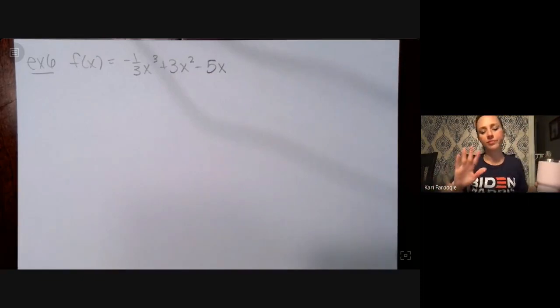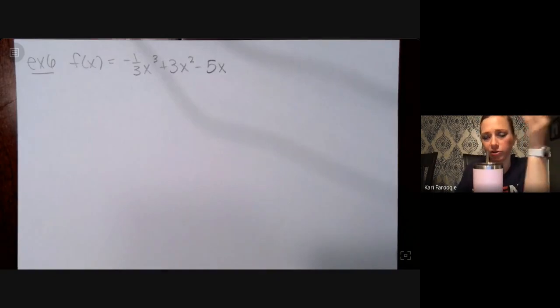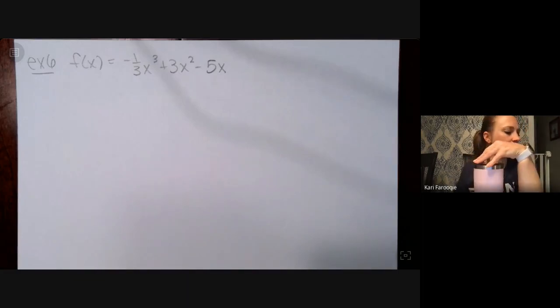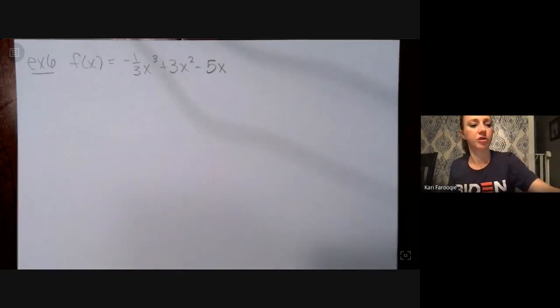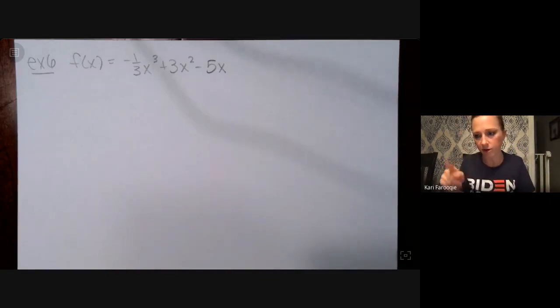You know what? I should probably just let you know now. I'm looking at the clock and I have no idea what time I actually started, but I feel like I'm at about an hour and a half right now. I technically had 2 more examples, and the last one was a radical function. I think we'll just finish this polynomial and call it a day, because I really don't want this asynchronous lecture to go on more than 2 hours. I know there's going to be time where you're pausing this and trying to catch up, so for you, this could take 3 hours to get through, and that's the last thing I want.